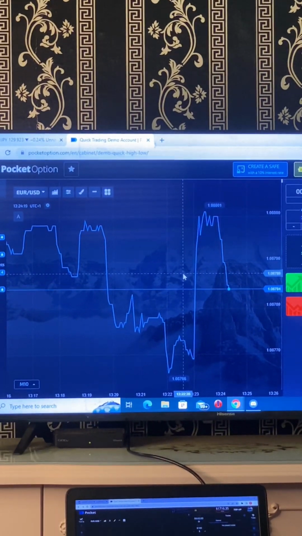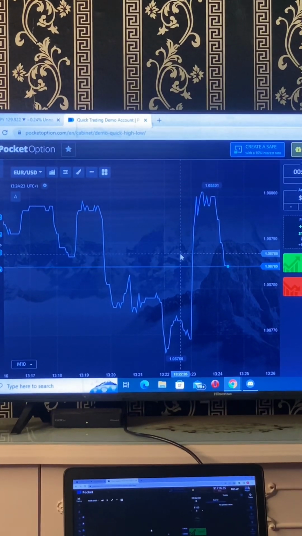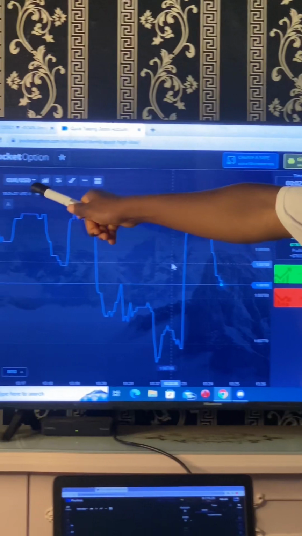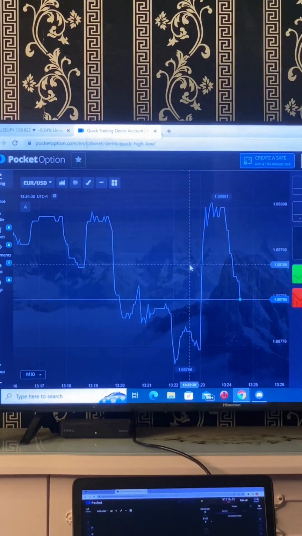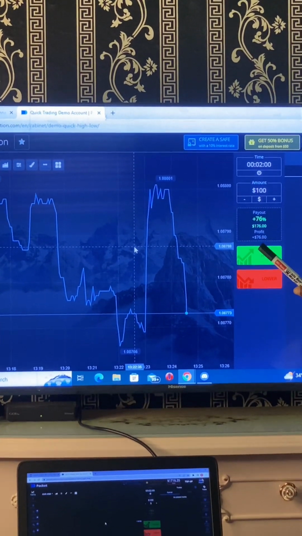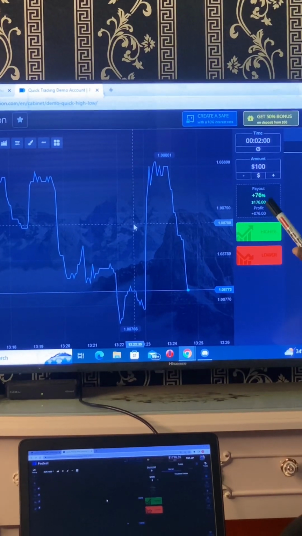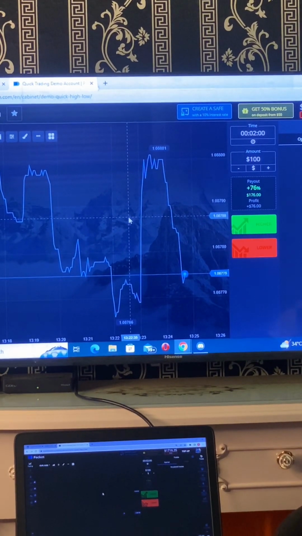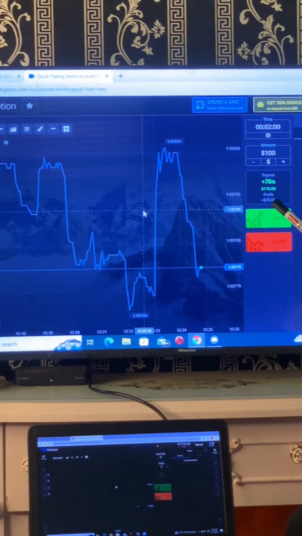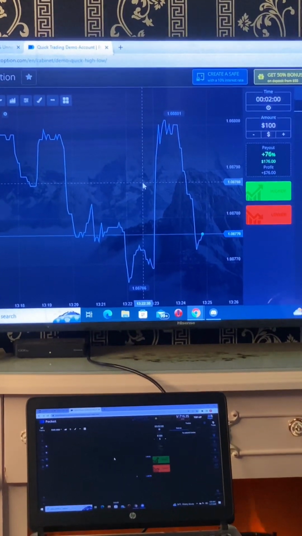What they mean by an agreed fixed price between two different currencies is that as I want to trade this currency pair, look at the fixed price of the profit that came out here, $76. $76 is the fixed price when these currencies are joined together and traded as a pair. The profit payout is $76. That's what I mean by a fixed price between two different currencies in the exchange market.